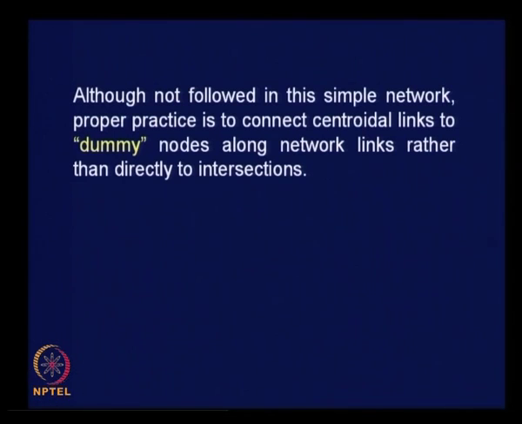There is one more aspect regarding the dummy link. Although not followed in this particular example that we saw, proper practice is to connect centroidal links, or the dotted lines, to dummy nodes along network links rather than directly to intersections.